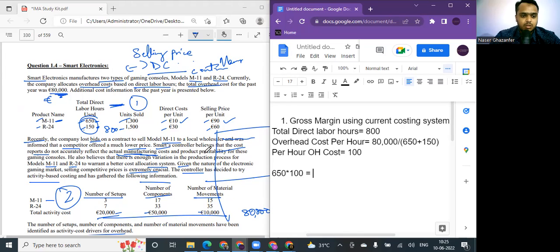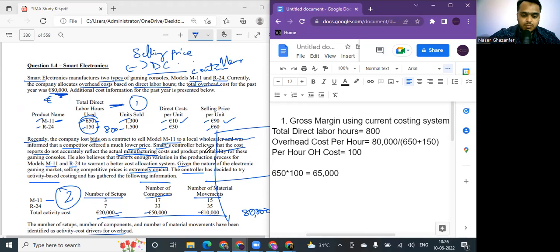Always use a calculator. 650 multiplied by 100 is 65,000. And this 65,000, I need to divide by the number of units sold.